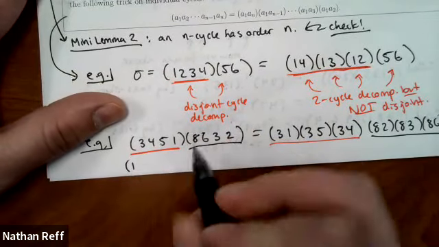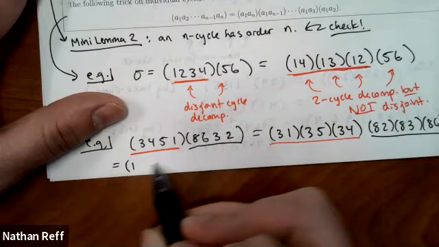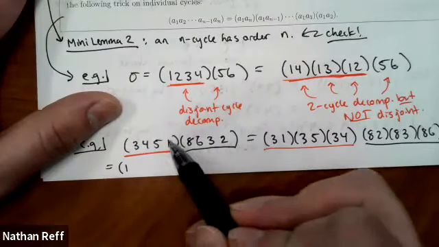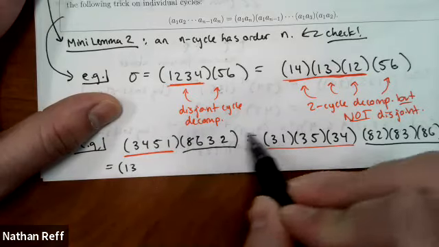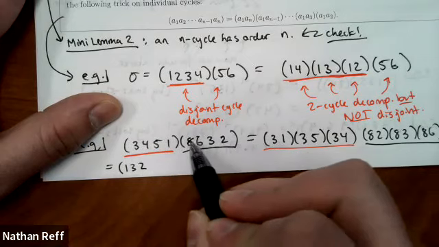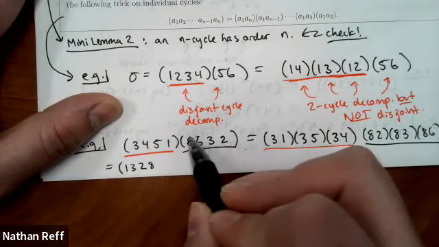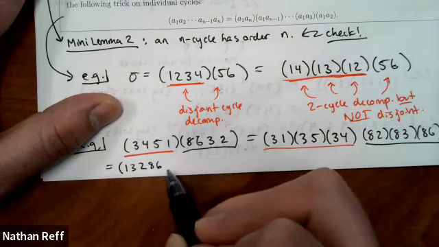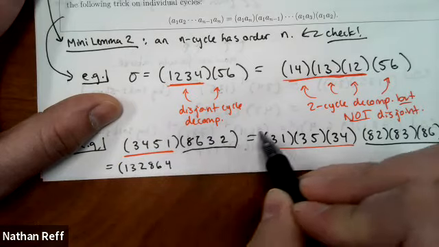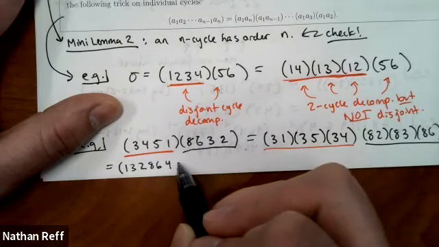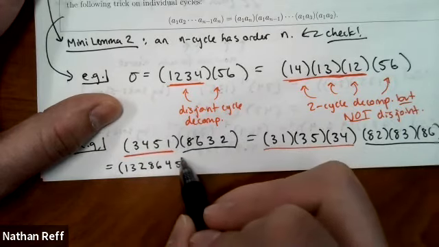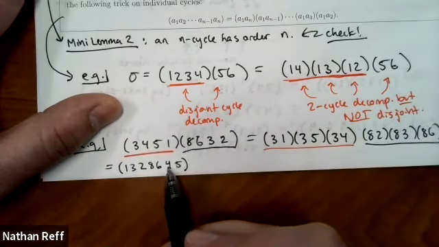Let's see what would happen. So if you simplified this into disjoint cycles instead, first you would have 1 goes to 3, then 3 goes to 2, and then 2 goes to 8, 8 goes to 6, 6 goes to 3, 3 goes to 4, 4 goes to 5, 5 goes to 1. So you'd close that off, right? 1, 2, 3, 4, 5, 6.